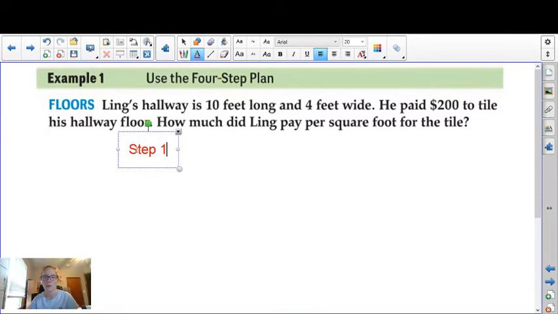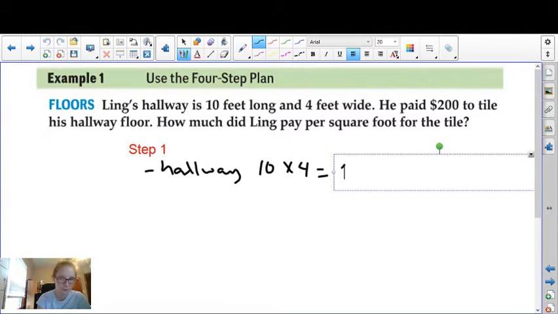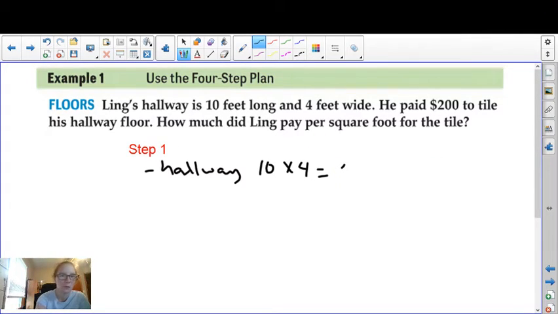Step 1. So what is the first thing that we're trying to do? We know that his hallway is 10 by 4, so that's 40 square feet. Sometimes my computer thinks that I'm trying to type for some reason, and I'm not.